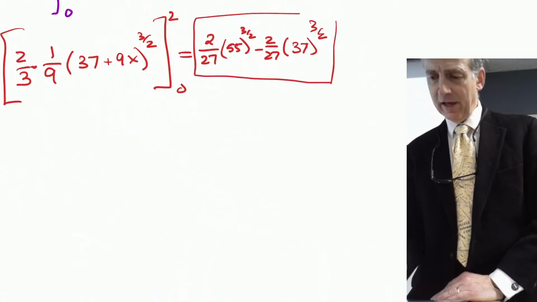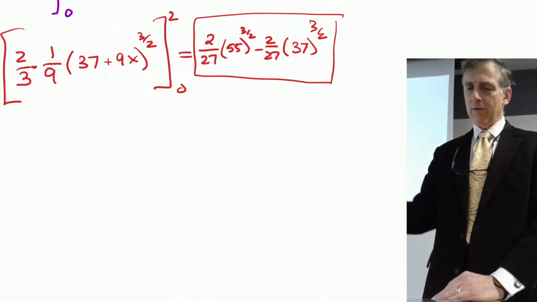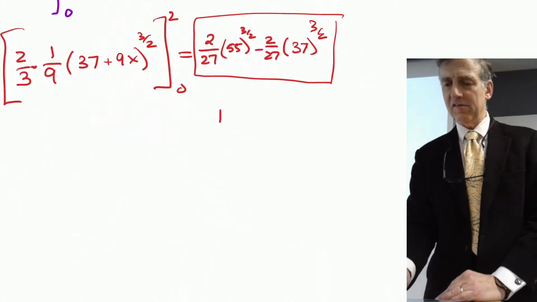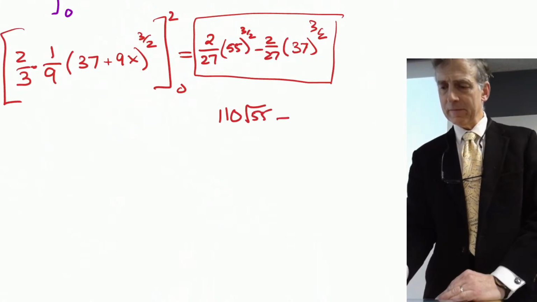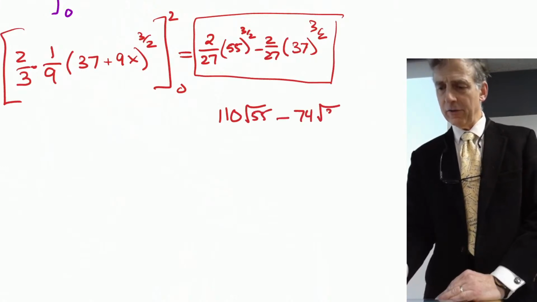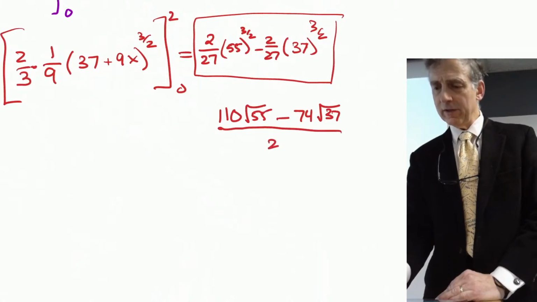And I'm just going to leave it like that. Although if you were looking in the back of the book, you probably are going to see something like this. 55 minus 74, radical 37 over 27.